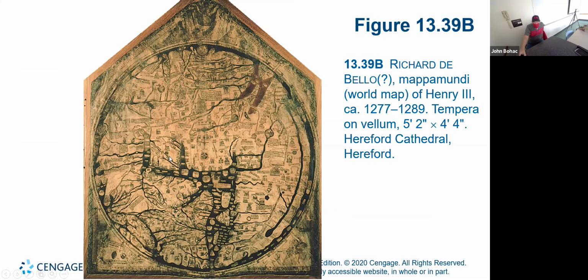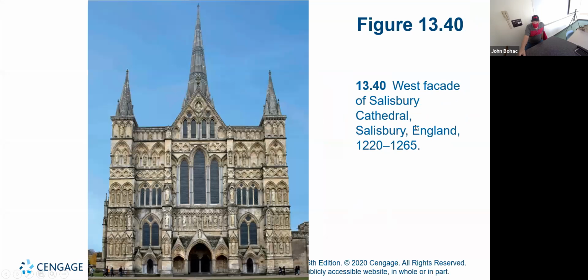And usually the Holy Land would be in the center of all of this. So Jerusalem would be central. This, I'm sure, is the Mediterranean Sea and some of the major rivers and so on. But that was how they saw the world at that time.